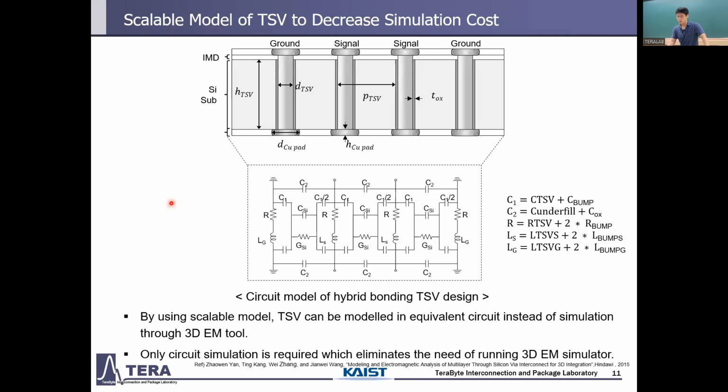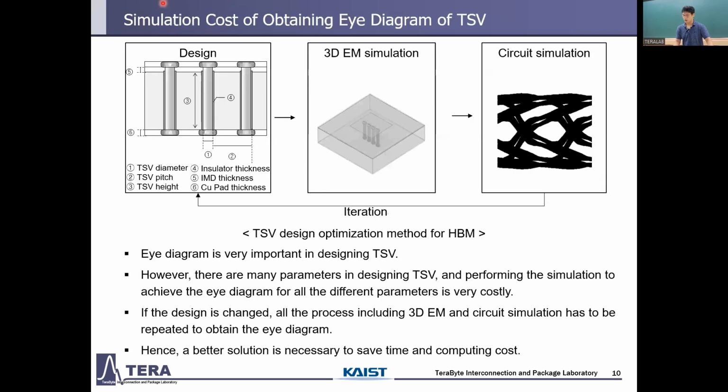So first of all, we are going to use a scalable model of TSV to reduce simulation cost. The scalable model gets rid of the 3D EM simulation part. If you look here, we have to design, then 3D simulate, and then circuit simulate. But for the scalable model, we're getting rid of the 3D simulation part.